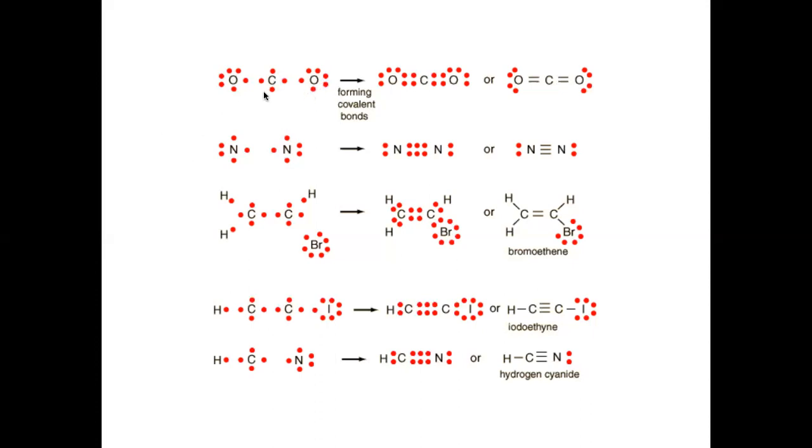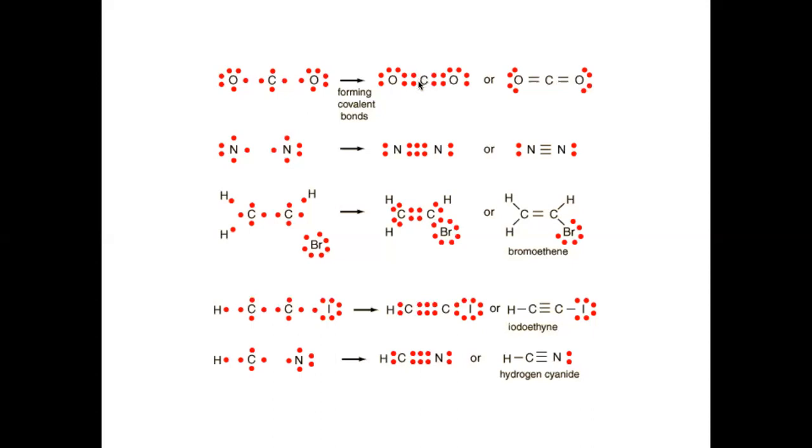We need 8. So in order to do that, we're going to take these additional electrons and move them into the center to form a double bond. A bond is 2 electrons, and if we now have 2 pairs of electrons, we have a double bond. If you count up the electrons that are now being shared around each atom, we can get 8. This oxygen is sharing these electrons: 1, 2, 3, 4, 5, 6, 7, 8.